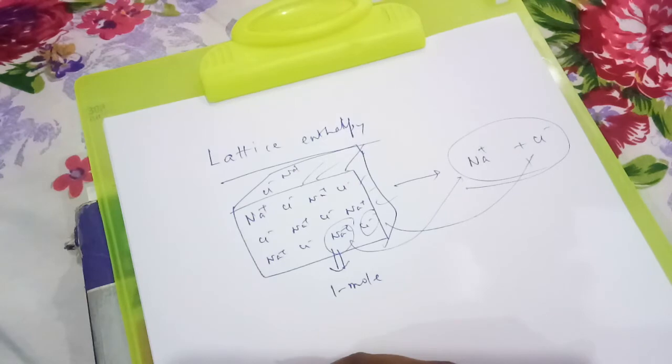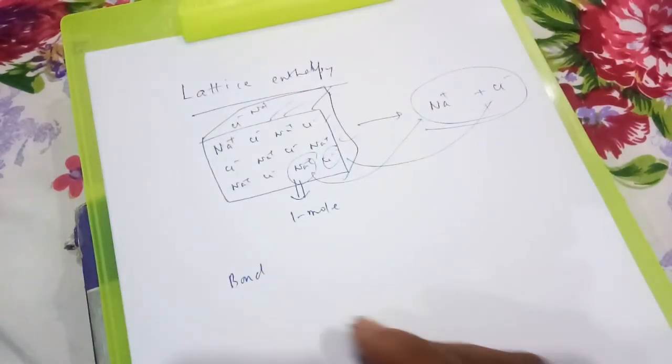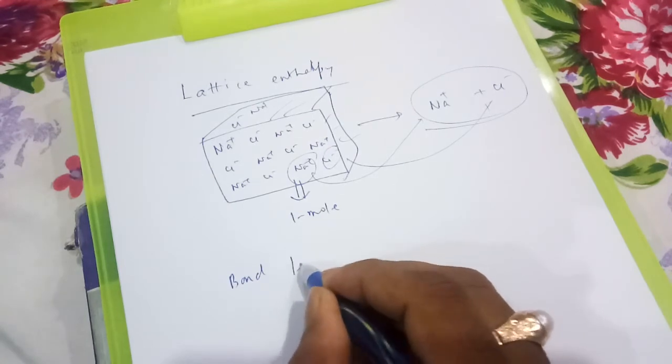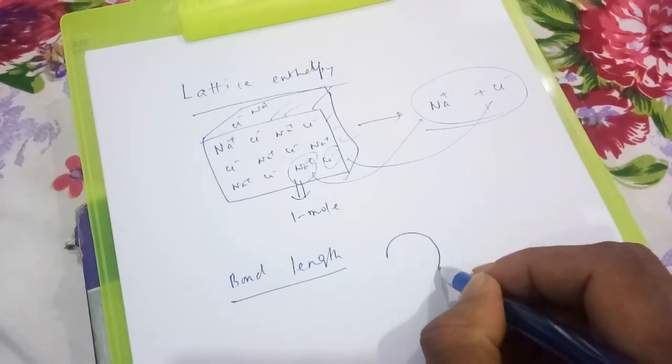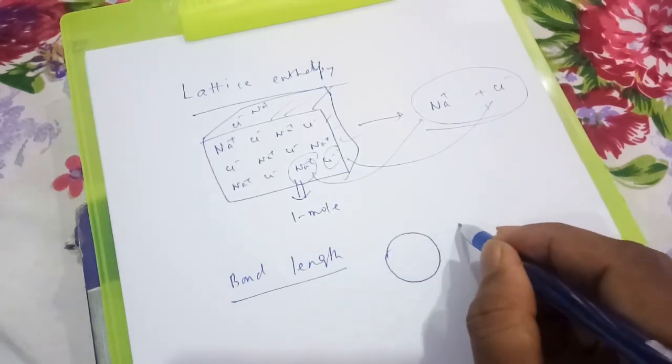One is bond length. It is the distance between the nuclei of two bonded atoms.